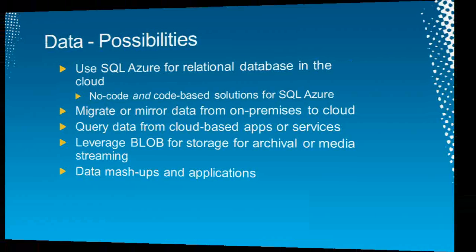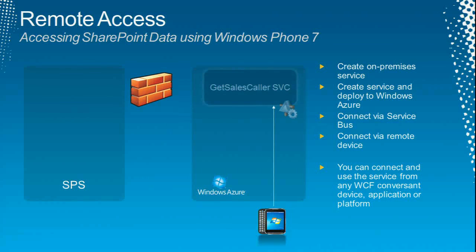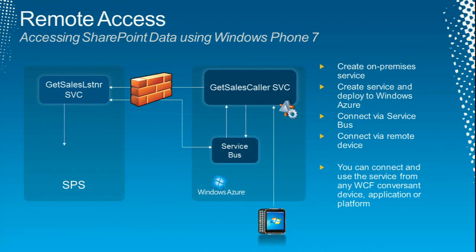So the third thing, and this is where things get kind of interesting, and I know we're running long, I will take a sidebar here for just a second. What we're doing here is building out a Windows Phone 7 app that allows us to tap into a SharePoint list. We're going to be doing two things.